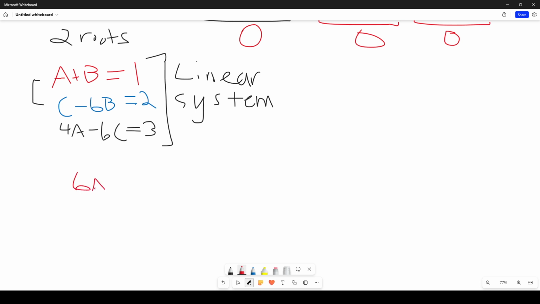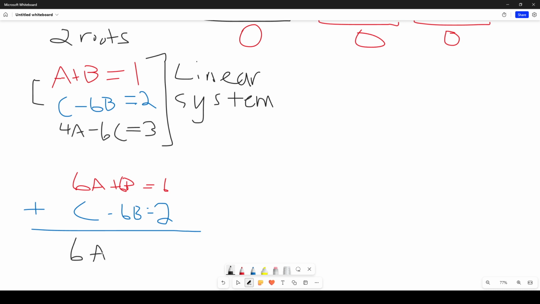I get 6a plus 6b equals 6. And I get c minus 6b equals 2. Now if I add these equations together, I get 6a plus c equals 8. Okay, great. New equation.